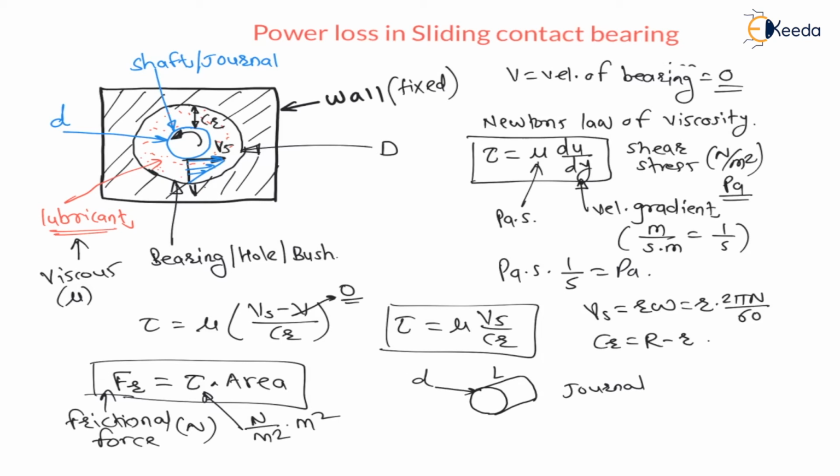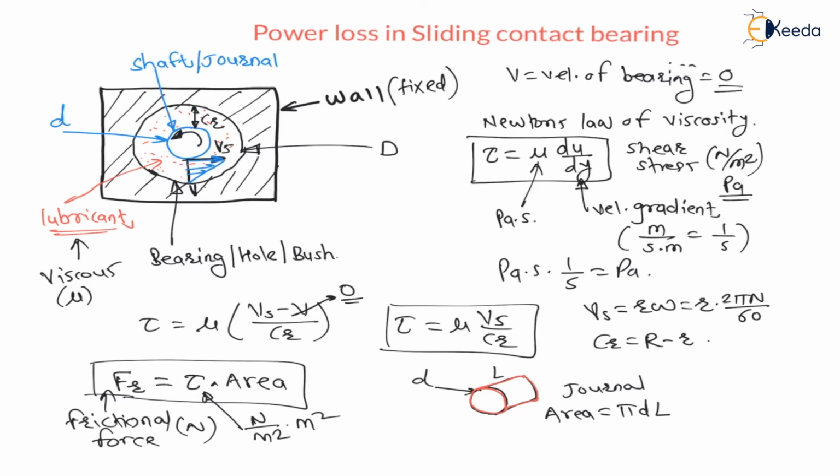This external surface is subjected to shear stresses because there is a lubricant on the circumference. Therefore this circumference for length L is subjected to frictional shear stresses. Here the area is circumference pi d for length L. This pi d L surface area will be the area for shear forces or frictional forces.